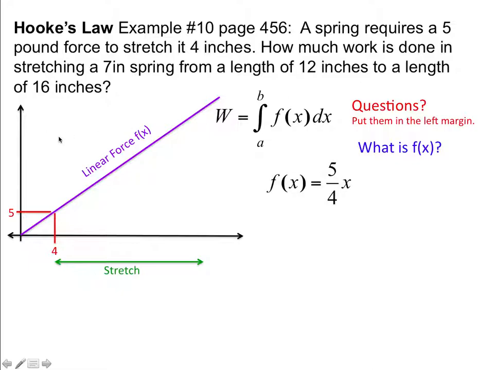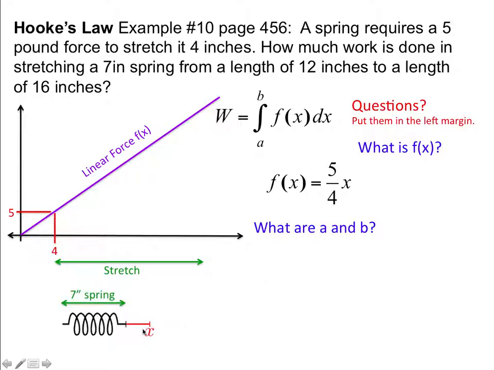So we'll talk about that in a second. One of the things that this initial information helps us find is that constant K. So if we have a force of 5 pounds and a stretch of 4 inches, then the K is 5 over 4.